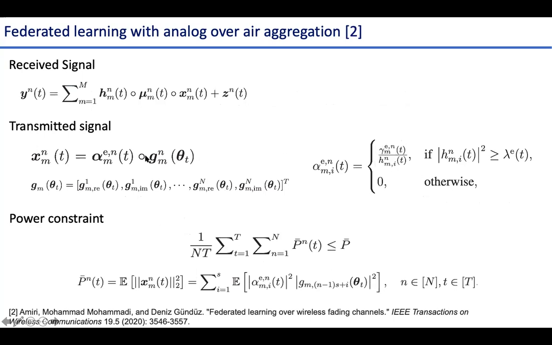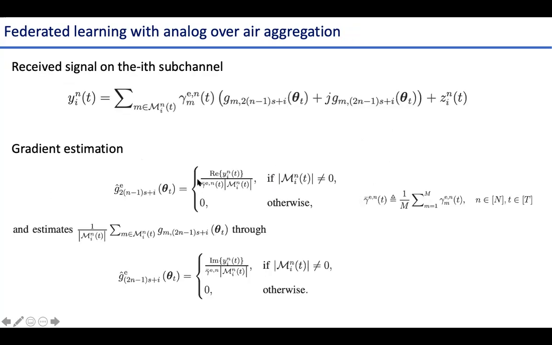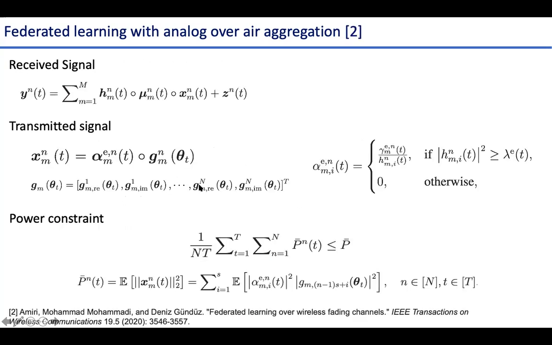Because now the transmitted signal is the gradient times gamma over h, and that will be scaled by h. H will cancel with h, and then we will have the gradient times gamma m. So when we divide by the average gamma, we're not really reconstructing the sum of the gradients, because the real y_i is the aggregated gradients of different workers, and this gamma differs from the scaling factor across workers.